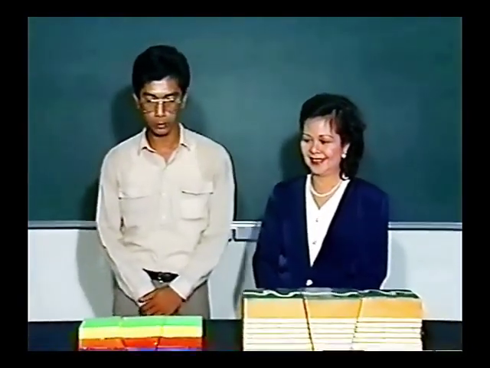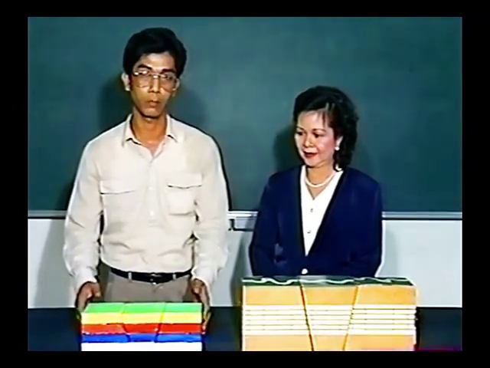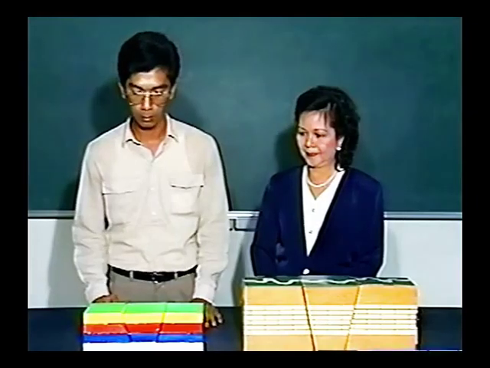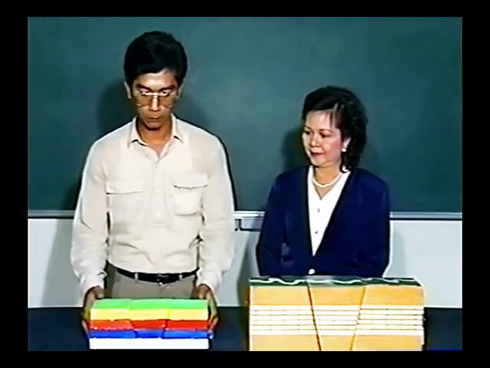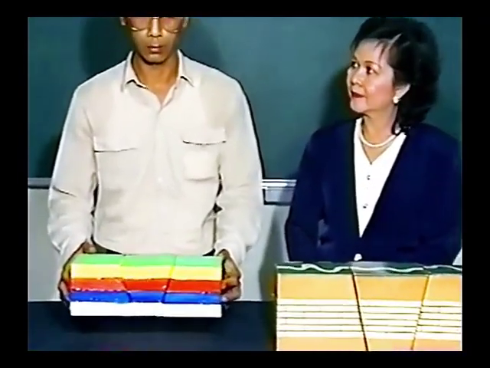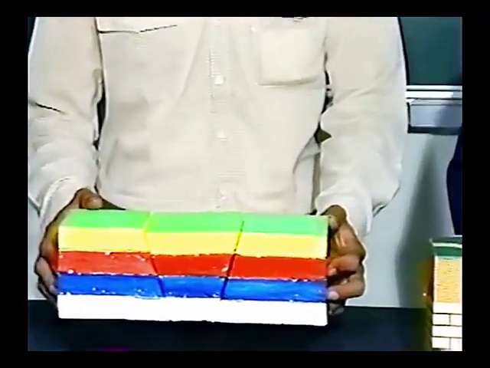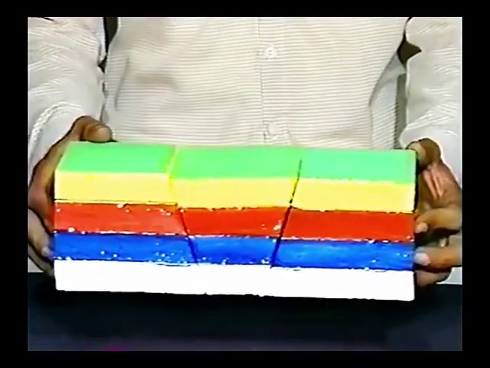We're going to use these models to illustrate the formation of the three basic types of fault. This is a styrofoam model, and the colors represent the layers of rock that the plates are made of.